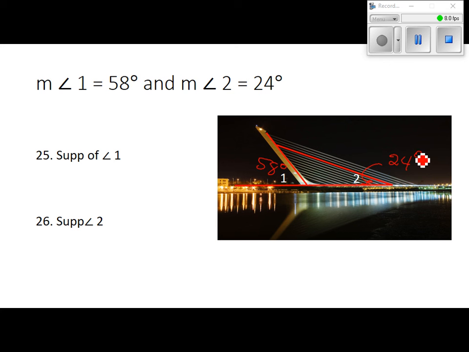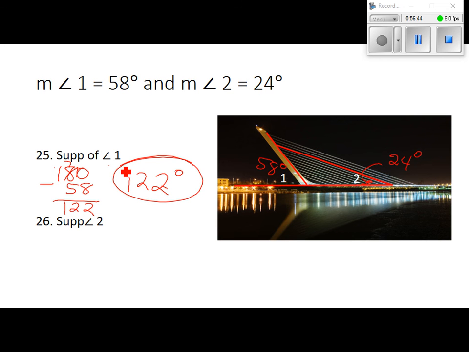We want the supplement of angle 1. Well, find the supplement of it. Remember, supplement means 180, so all we do is take 180 minus 58. Borrow, end up with 2. That's a 7, 2. Okay, quit writing. So 122 degrees. Well, the reason we might want to know the supplement of that is because that angle right there is going to be supplementary to that.